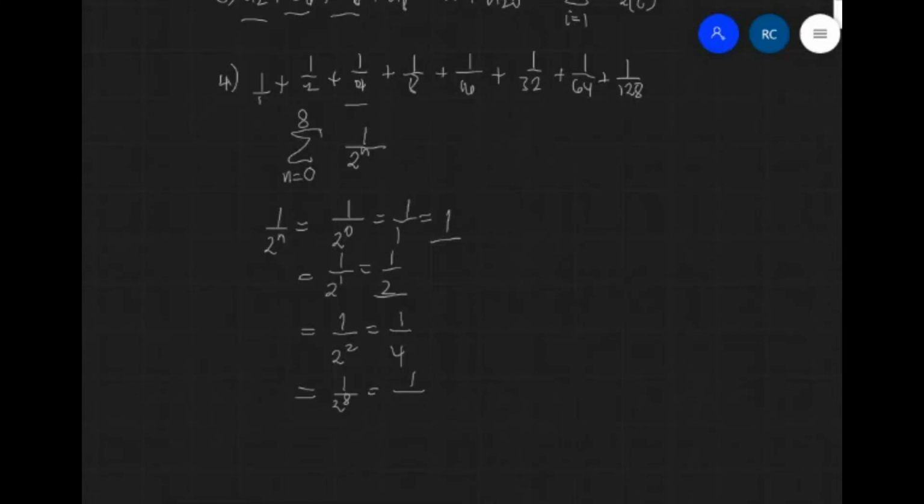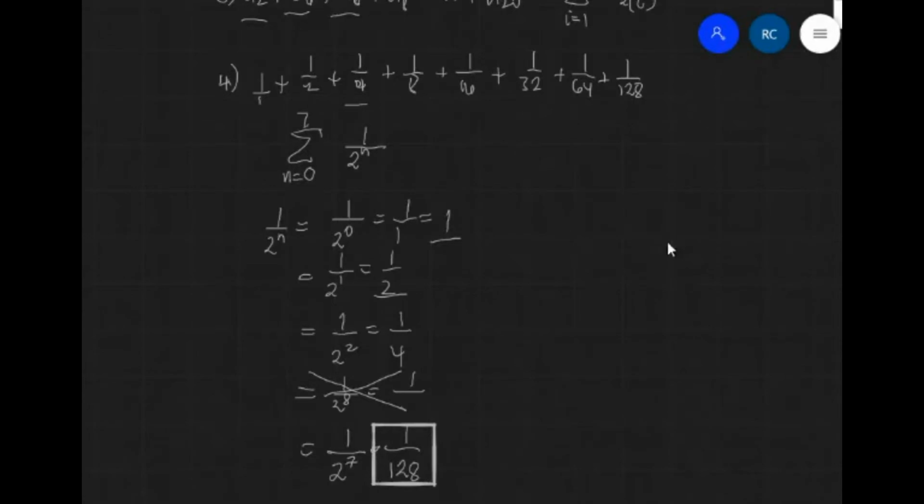Anong number para maging 128? 7 po. Okay, try natin 7. So, ito ay 1 over 2 raised to 7. So, what is 2 raised to 7? 128. Okay, so yun na yun. It's 128. Yan na po yung ating last term.